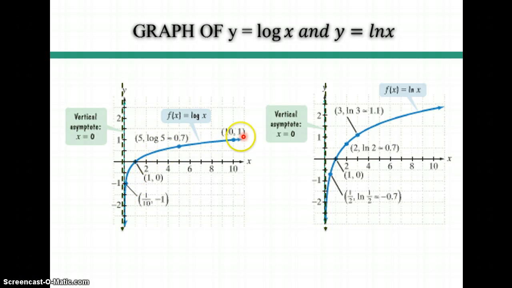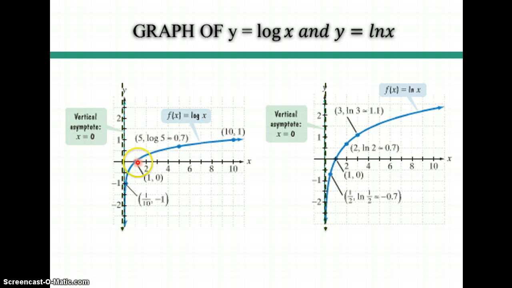This is the graph of log x, and this is the graph of ln of x. The graph of log of x has x-intercept at 1. The graph of ln of x has x-intercept at 1. The vertical asymptote x equal to 0 for ln of x.